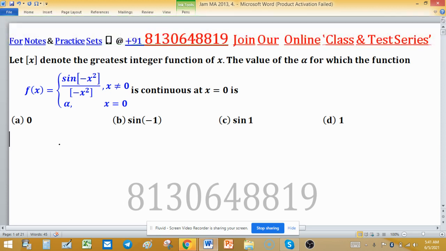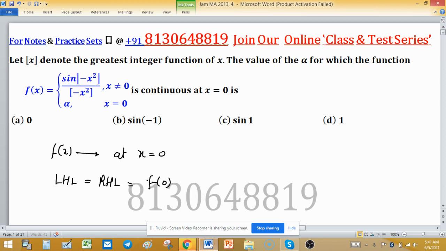As the function is continuous, it means that if f(x) is continuous at x equal to 0, the left hand limit, the right hand limit, and the value of the function at the point 0 are the same.